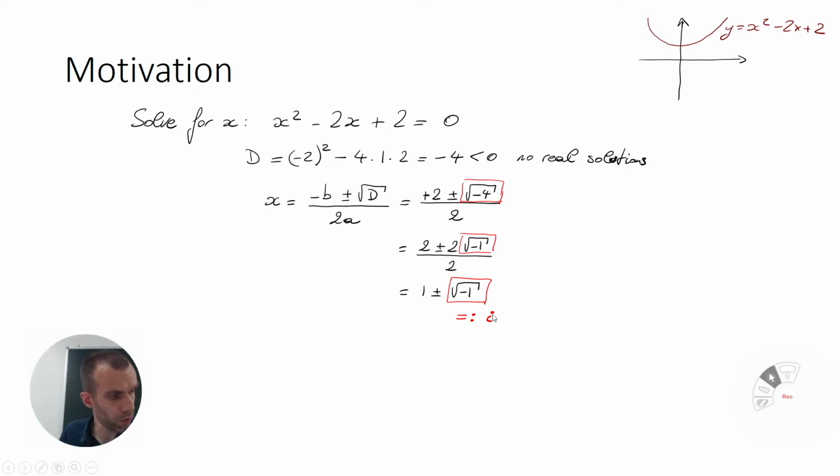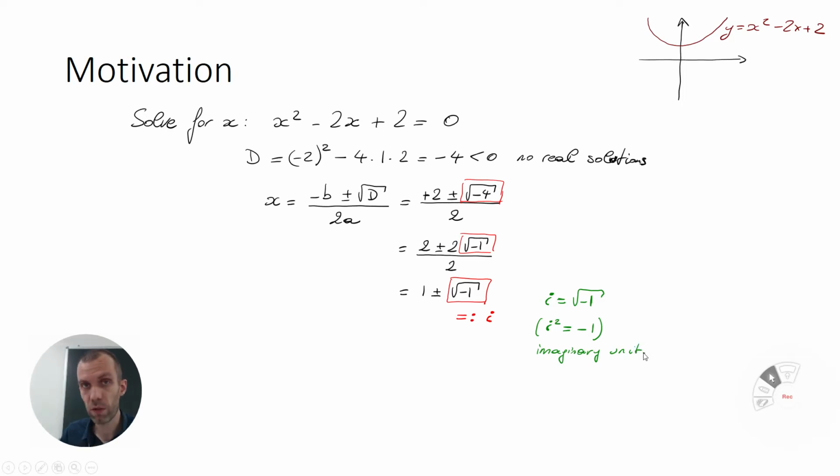So in other words, we've defined i to be the square root of minus 1, and therefore if we take the square of that, i is a number whose square is equal to minus 1. So this is a new quantity which we call the imaginary unit.